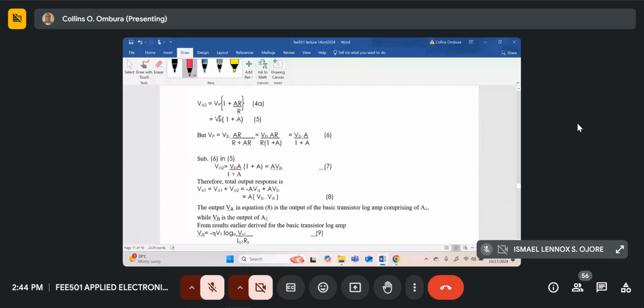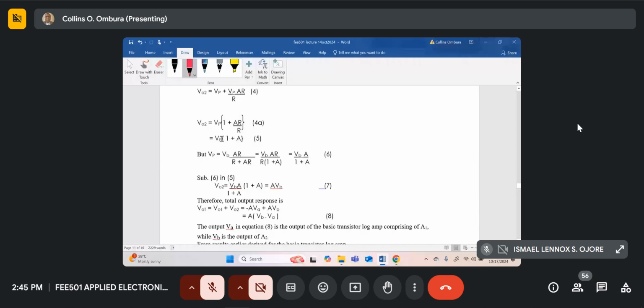So here, from equation 4, I've taken VP outside, you get 1 plus AR divided by R, and then the R's cancel. So you get 5: VP into 1 plus A. Then we go to solve for VP, which is what I've done just now. VP is just VB into AR over R plus AR.